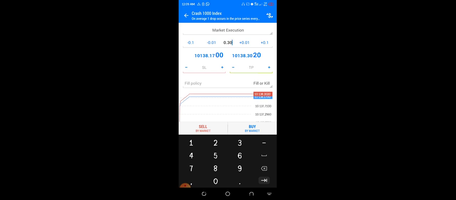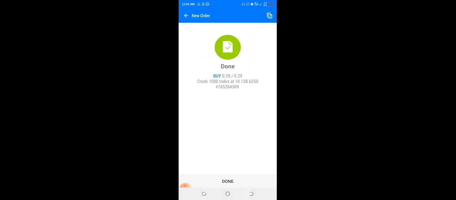Remember I said earlier that even with your $10 account you can stay in the market comfortably if you slash the lot size. If you want to open a position of 0.09, you open a trade of 0.29, that is a buy.